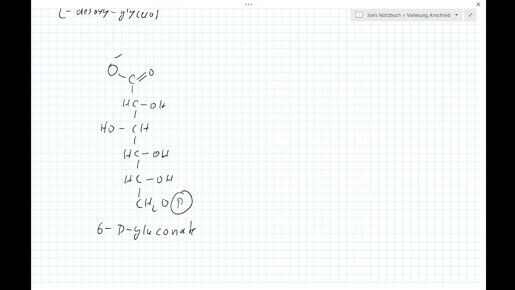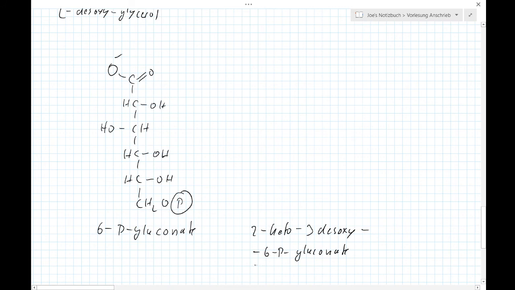And in the Entner-Doudoroff pathway, I then have a molecule which is called 2-keto-3-desoxy-6-phosphogluconate. This name sounds like hell, but you can simply read it like it is.